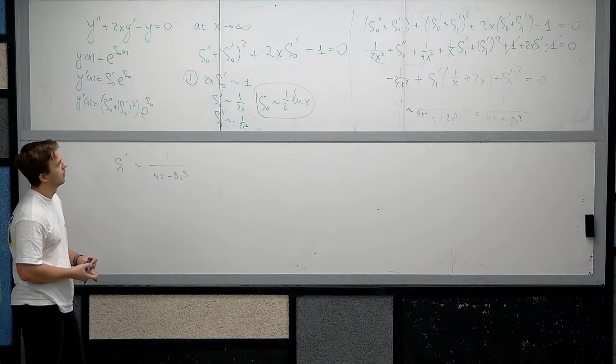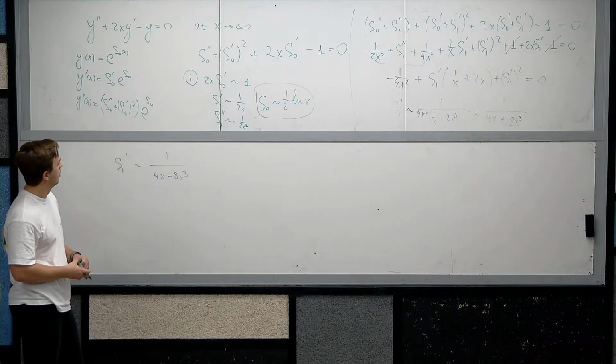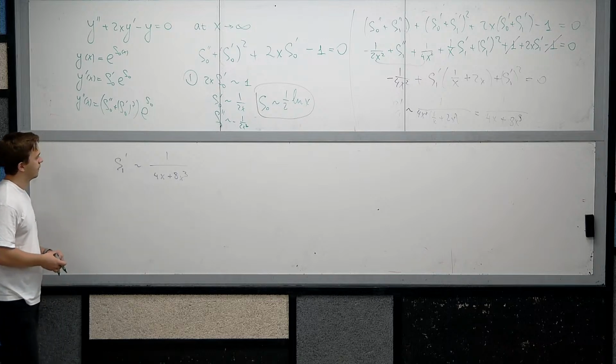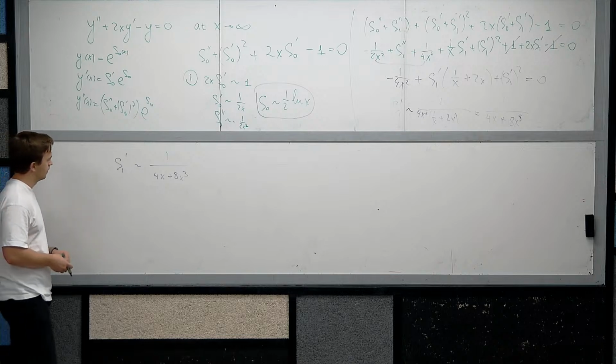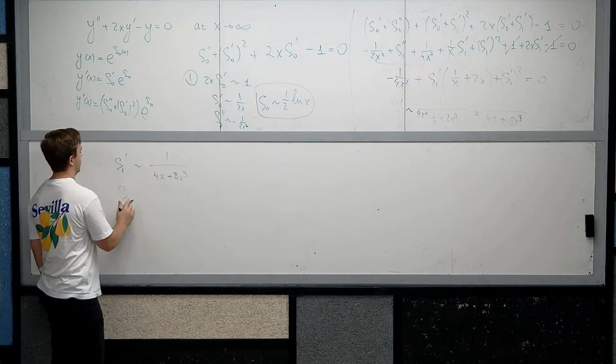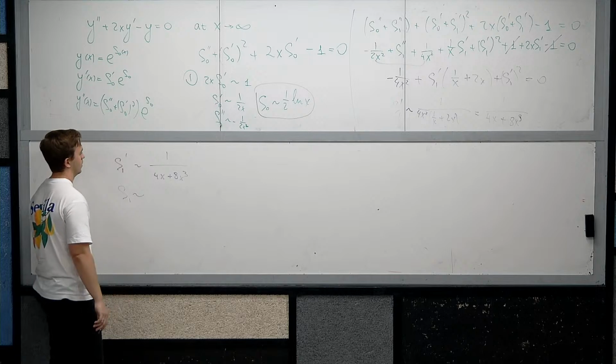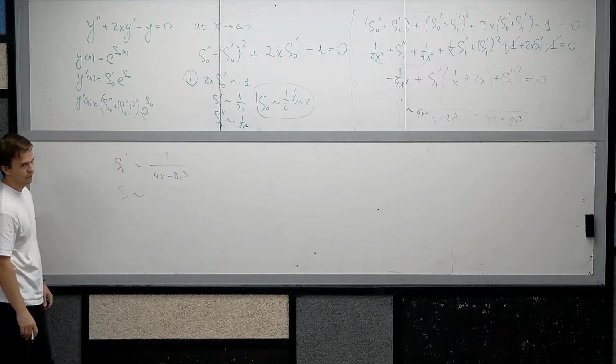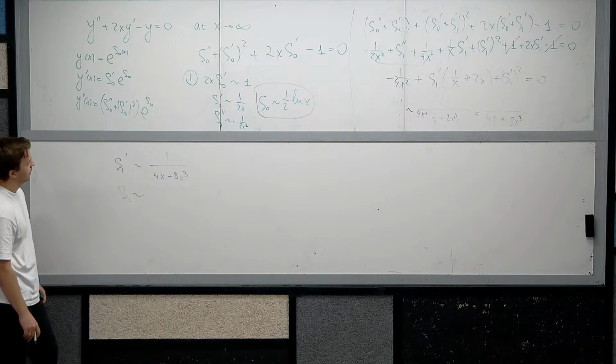We already see that if we take another derivative or square it, it becomes smaller, because it's 1 over. Okay. Now we need to calculate S1. Yeah, at infinity it will go to 0, right? That's the important part.